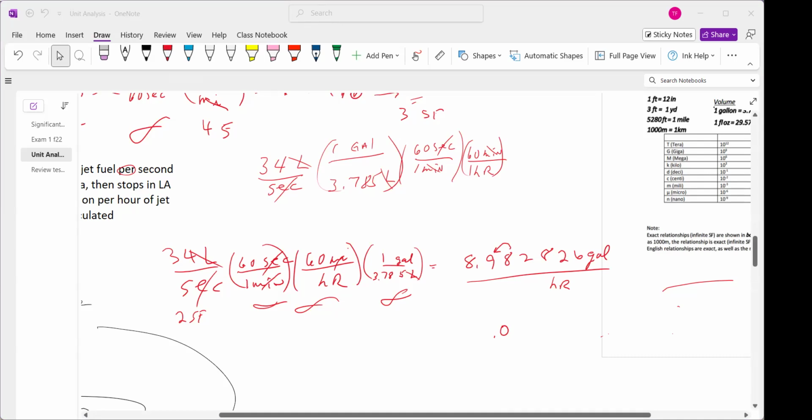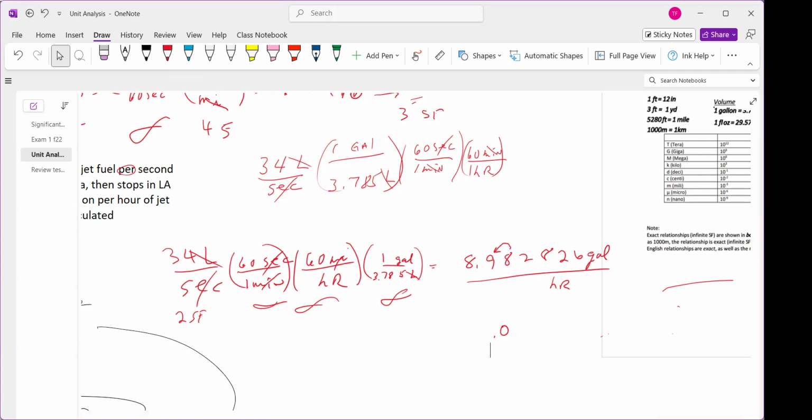So multiply 34 times 60 times 60 divided by 3.785. And watch the world with my fancy calculator. Here, let me look at it. I mean, this thing I got for like $5. It's just a basic scientific calculator, not like the most expensive calculator, but maybe there's a mode that it's in.